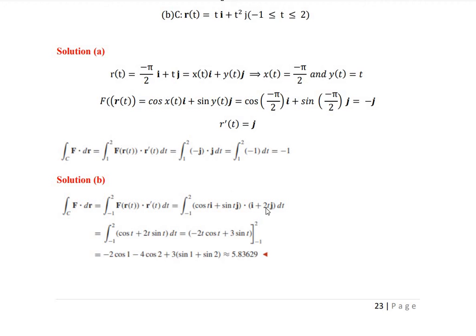Vector r is equal to t i cap plus t² j cap, therefore r dash of t gives you i cap plus 2t j cap, into dt. You take the dot product and evaluate, and you will get this answer.